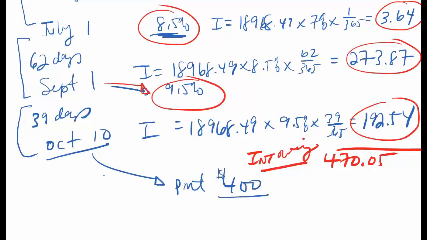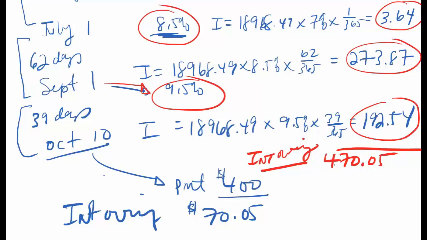My payment is only $400, which means I still have interest owing of $70.05 because I didn't pay enough to pay off all of the interest. So therefore, I owe $70.05 still. So what's happened is this.